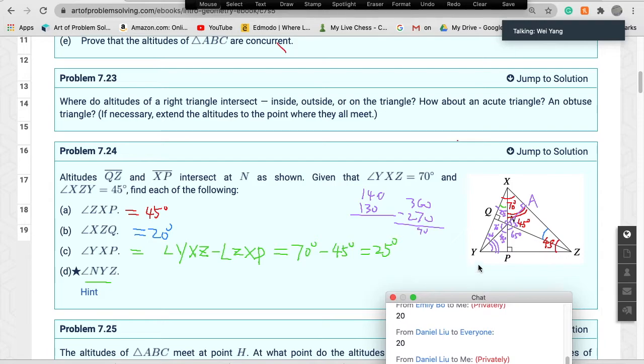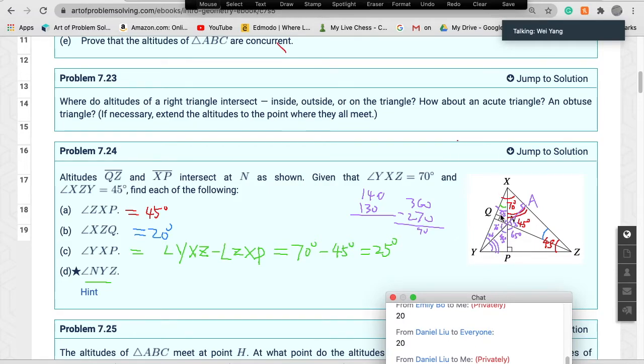Now let's double check. When extended here, this angle is 70 degrees. That means this XYA also is 20 degrees, then we already get XYP.